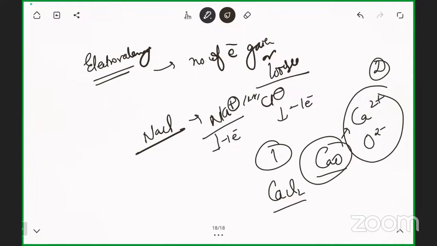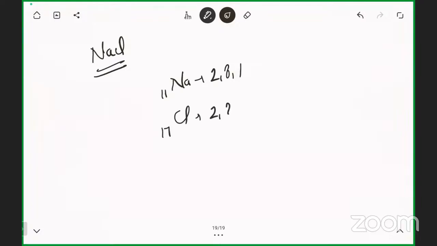Once again, electrovalency means the number of electrons lost or gained. Forming NaCl, a basic example: the electronic configuration of Na was 2,8,1 and of Cl was 2,8,7.